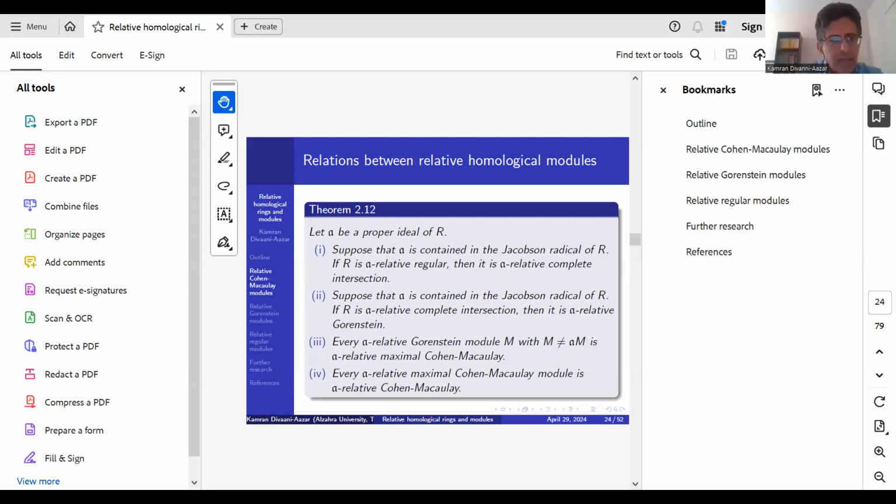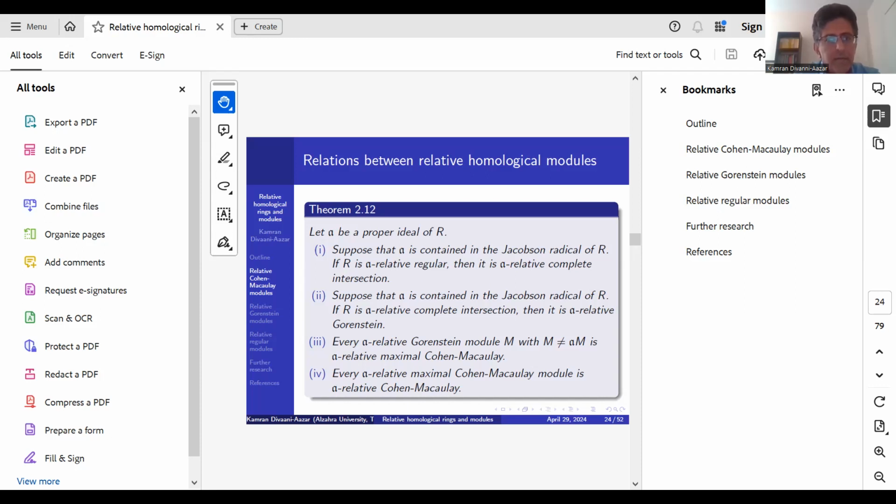Let A be a proper ideal of a ring and M a finitely generated R module. Suppose that M is different from AM.